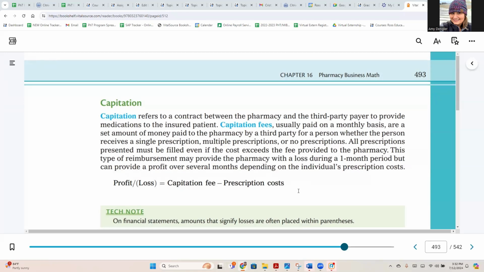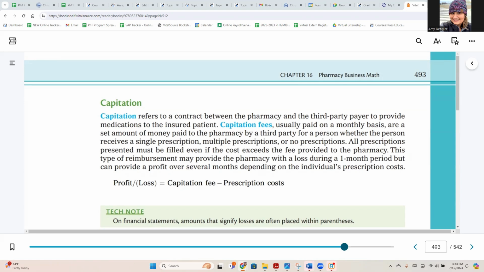Capitation refers to a contract between the pharmacy and the third-party payer to provide medications to the insured patient. Capitation fees, usually paid on a monthly basis, are a set amount of money paid to the pharmacy by a third party for a person, whether the person receives a single prescription, multiple prescriptions, or no prescriptions.